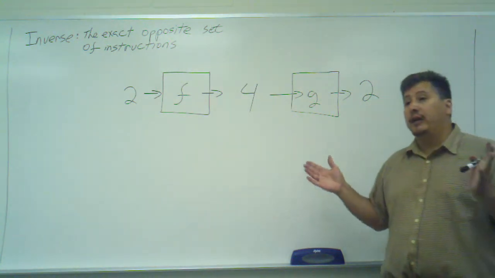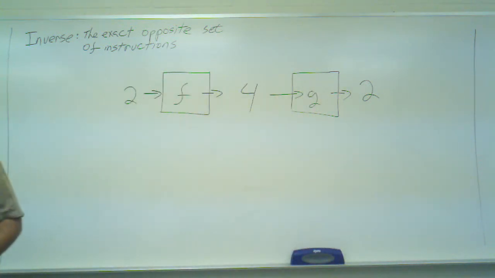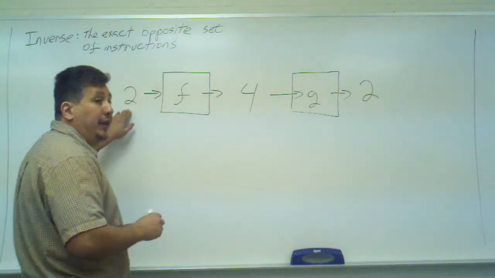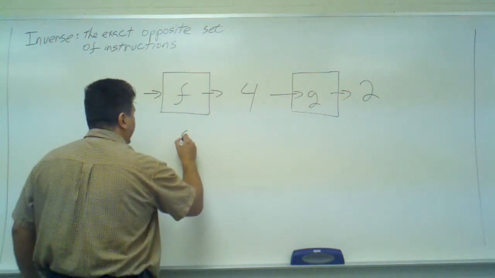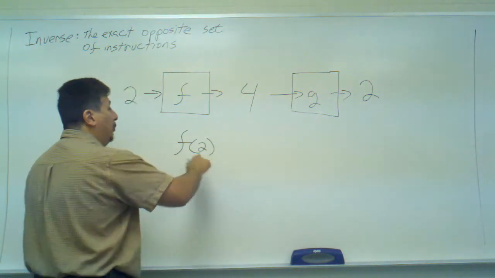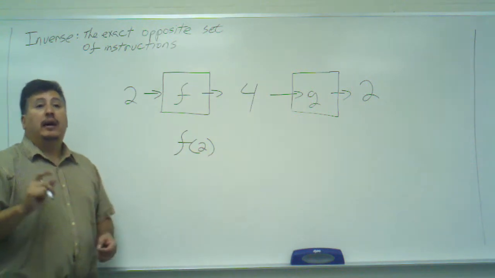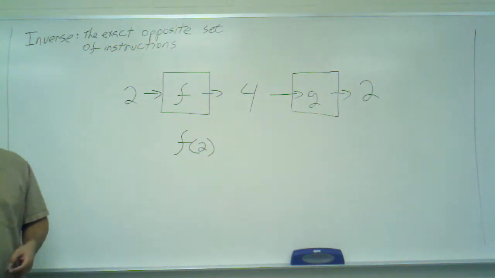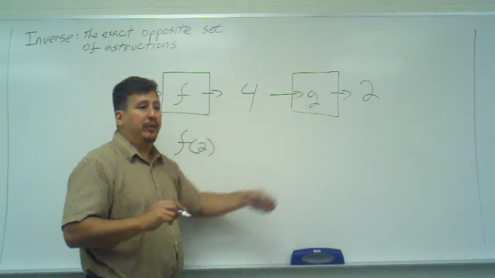Now we've just studied composition of functions. So I'm going to represent this as a composition. We started here with the 2. We plugged it into f. And got this output, which of course represents the 4. I took that output and what did I plug it into? This set of operations.